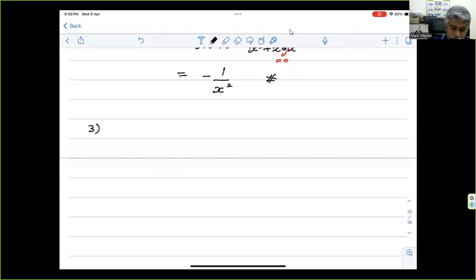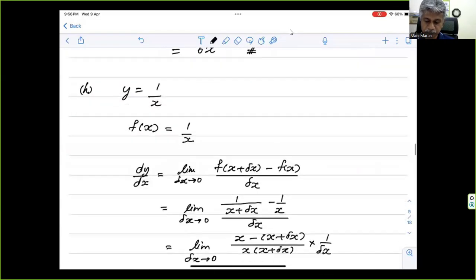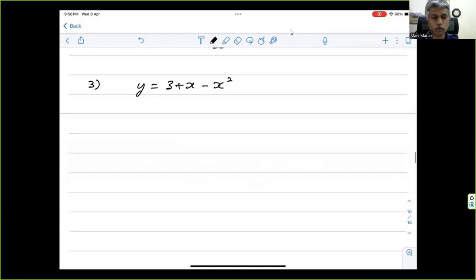You are given y is equal to 3 plus x minus x squared. Just check again: y is equal to 3 plus x minus x squared. You are asked to find the gradient function.